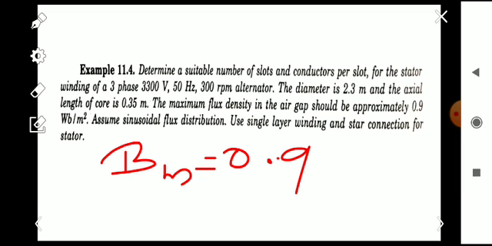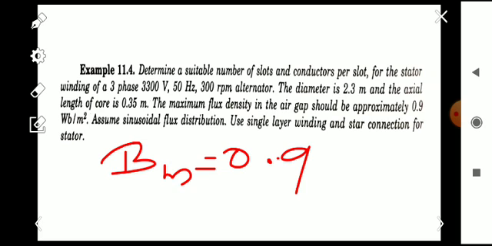While we are doing a problem, we must know the final equations. Here we have to find the number of slots and conductors per slot. Normally the number of slots and conductors per slot are determined from the knowledge of T phase, the turns per phase.